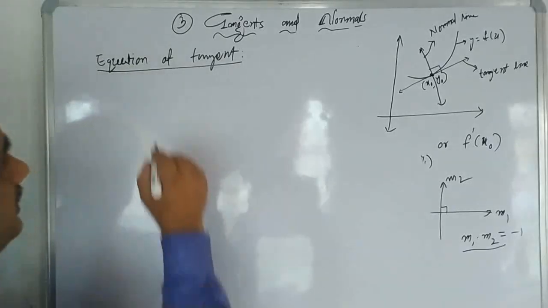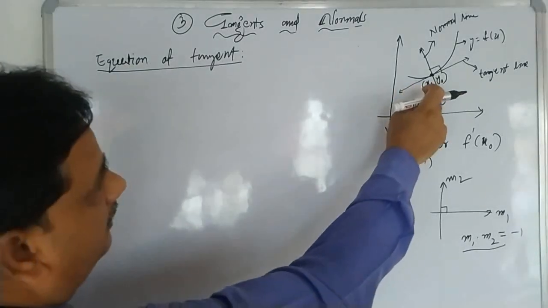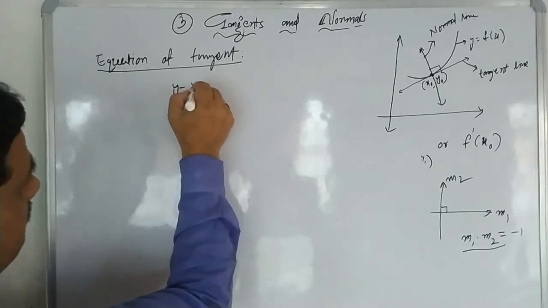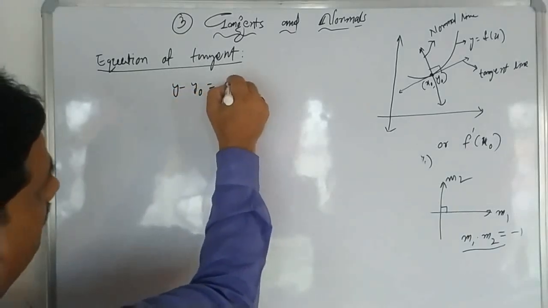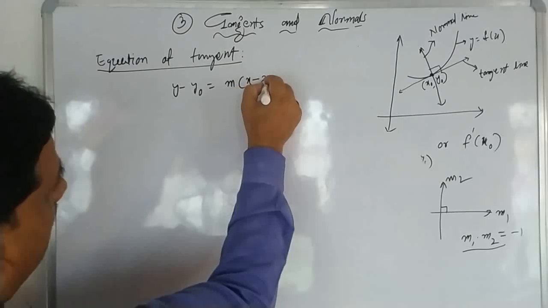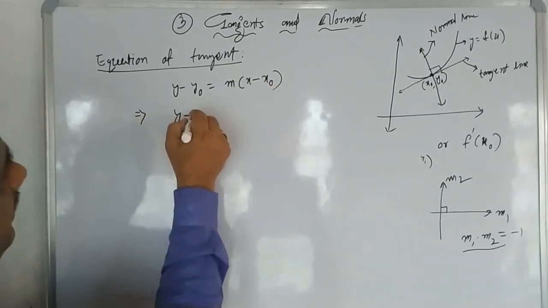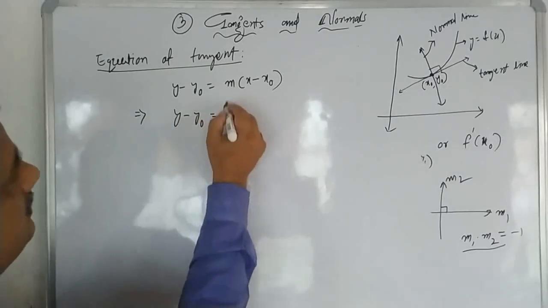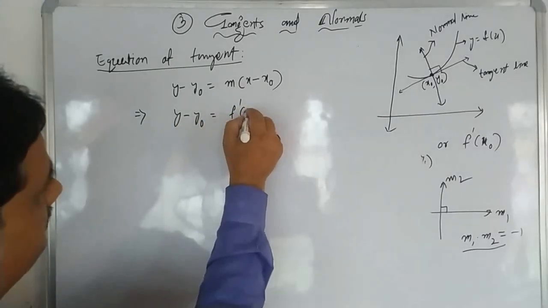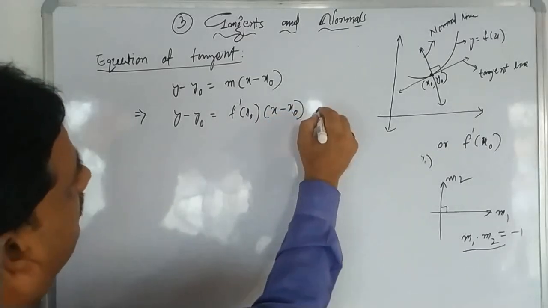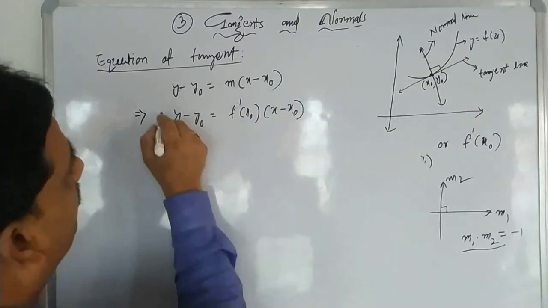So what is the equation of a straight line? If x0, y0 is the point, then y minus y0 is equal to slope m into x minus x0. So you can write it as y minus y0 equals f dash x0 into x minus x0. This is the equation of the tangent.